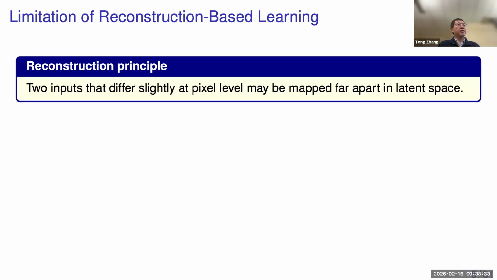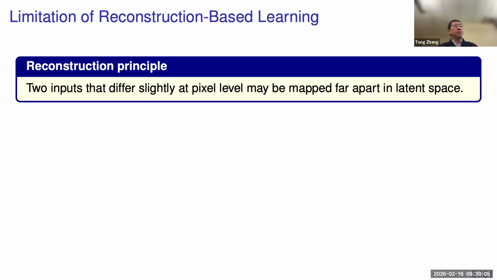Say I have a cat image, and the cat is on the left-hand side of the image. I shift it to the right-hand side of the image, but it's still the same image with one cat. Then you are saying these have the same semantic meaning. But from a reconstruction point of view, it's very difficult to make them the same reconstruction, right? So they are different. And this is called invariance, this kind of shifting invariance.